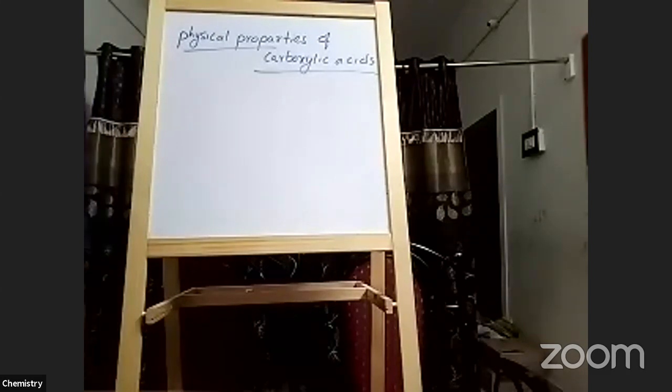Remember that point. Now the structure: the dimer. How do they exist? I'll give the structure.